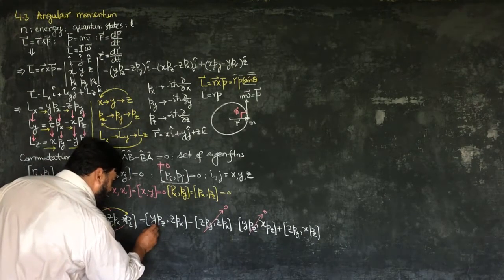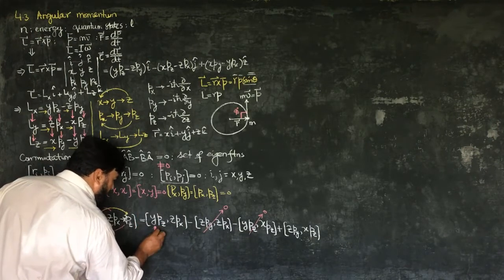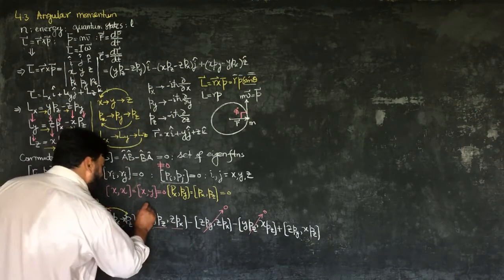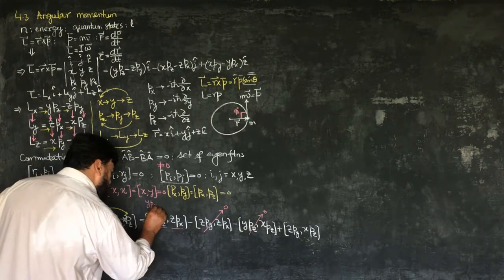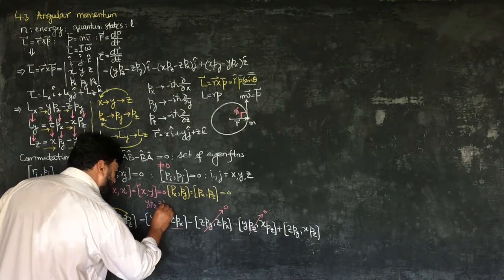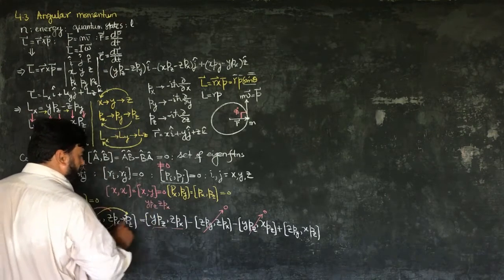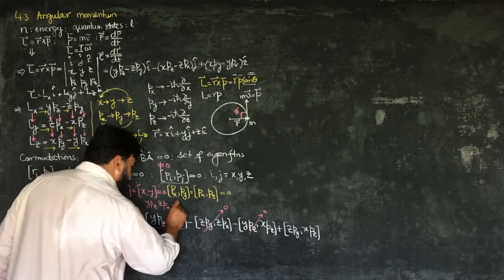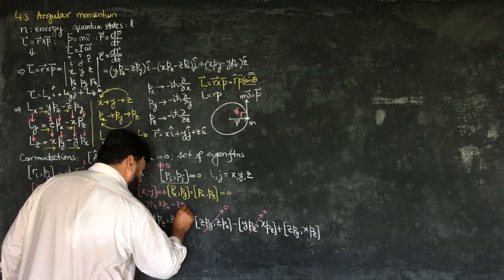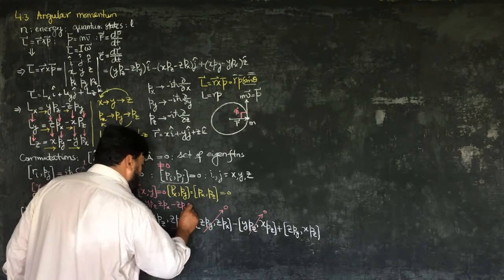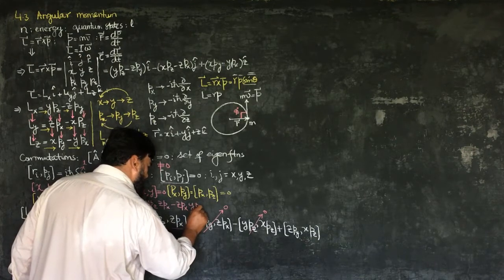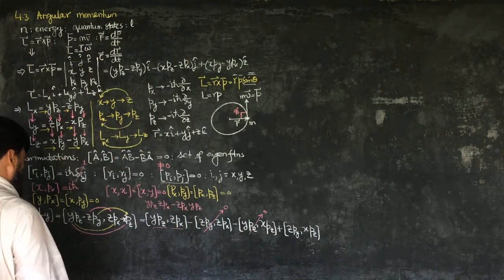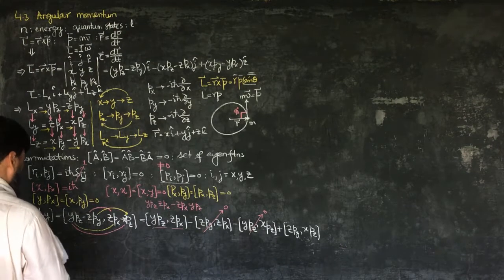If I multiply this one, then this will be ypz times zpx, minus zpx times ypz.